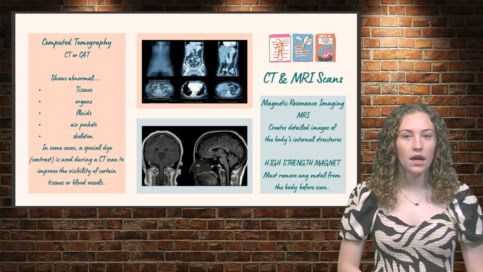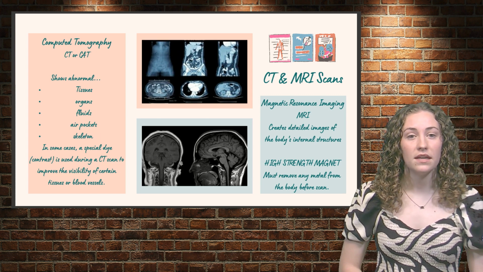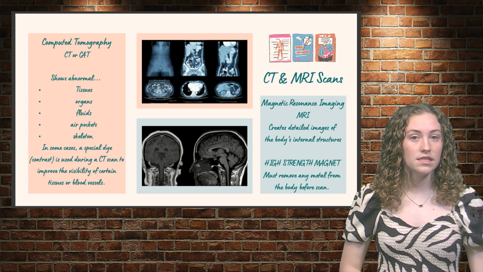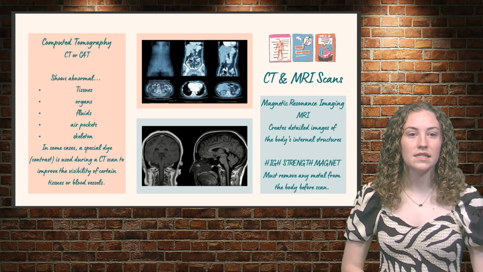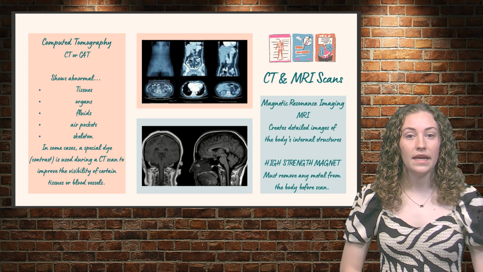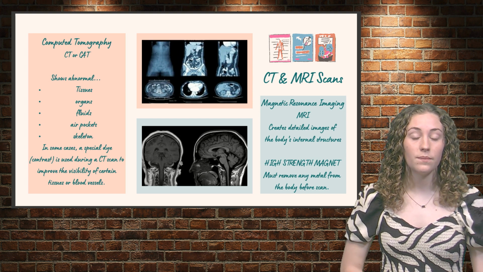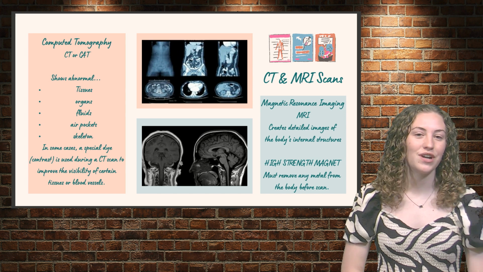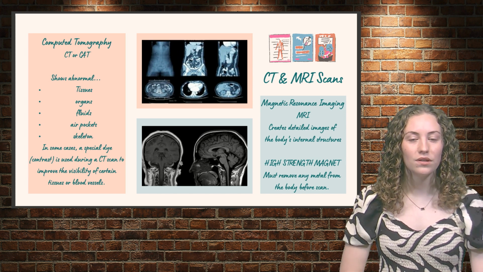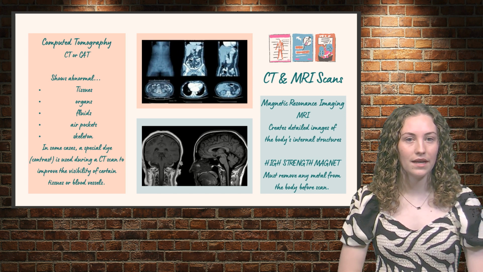Additionally, you will need to test or double check any allergies like shellfish or iodine, because this is commonly in contrast, and if somebody has a bad reaction during a CT scan, we just want to avoid that at all costs. So you will need to check for allergies beforehand.